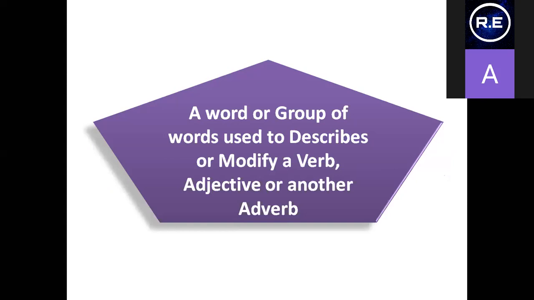Because it describes or modifies. So it can either describe or modify a verb, an adjective, or another adverb. And if you guys remember, we said we have two students. We have the lonely type, one keeping to himself, and the one that's really, really open to everyone else. So the one that's really, really open, we call them?